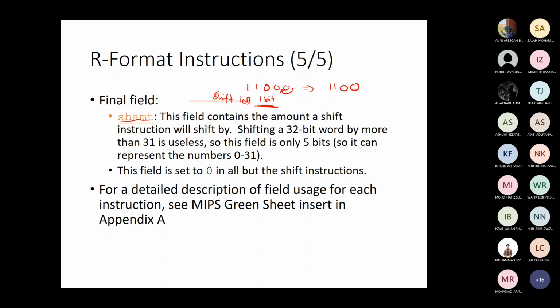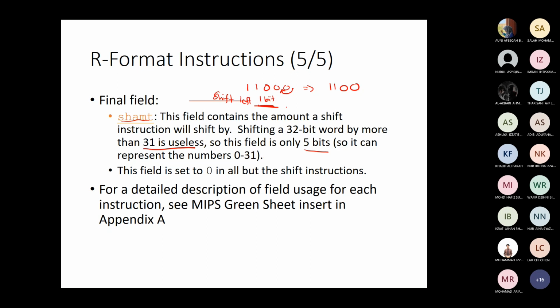But the shift amount only has 5 bits, right? So shifting can be done only for 5 bits. Shifting a 32-bit word by more than 31 is useless, so they can only shift for 31 bits. This field is only 5 bits so that it can represent 0 to 31.